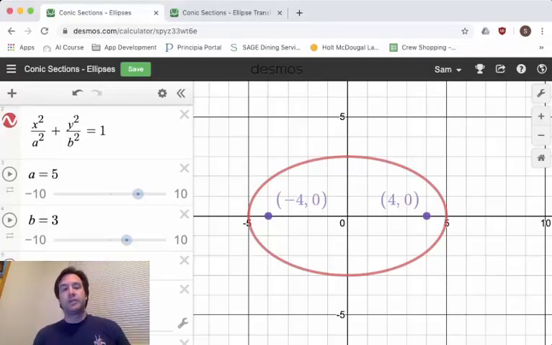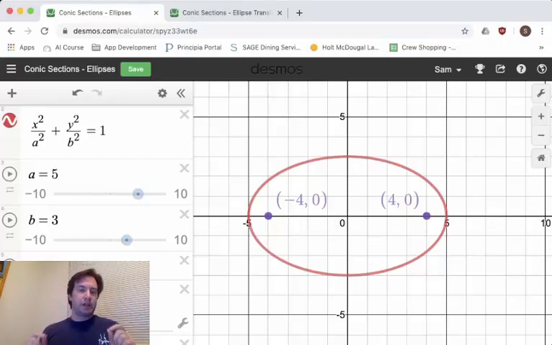One thing you may have noticed about the foci for this particular ellipse is that we have these values for a and b, 5 and 3, and we see the foci are at 4. And those numbers should be pretty familiar at this point because we have such a thing as a 3, 4, 5 triangle.